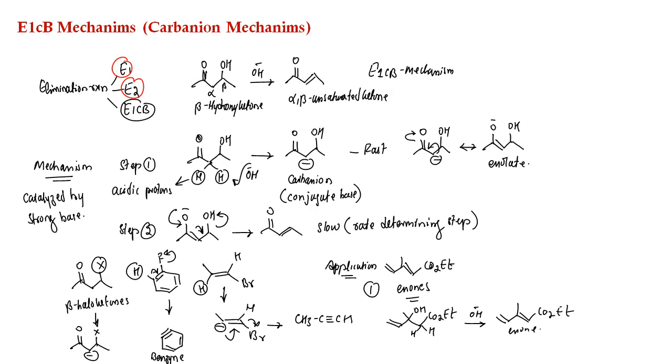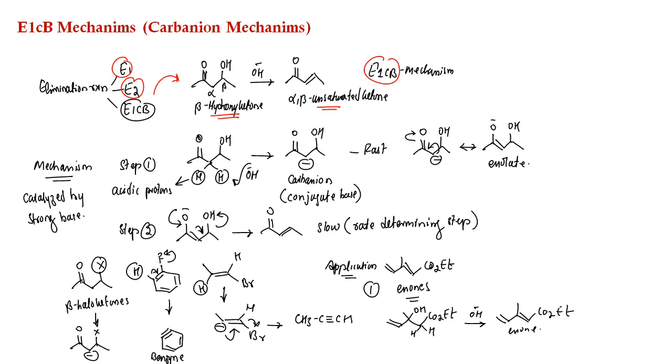Here we have an example of E1cb mechanism in which a beta hydroxy ketone as a substrate undergoes a strongly basic condition for generating an alpha beta unsaturated ketone, and this reaction proceeds through an E1cb mechanism or unimolecular conjugate base mechanism.